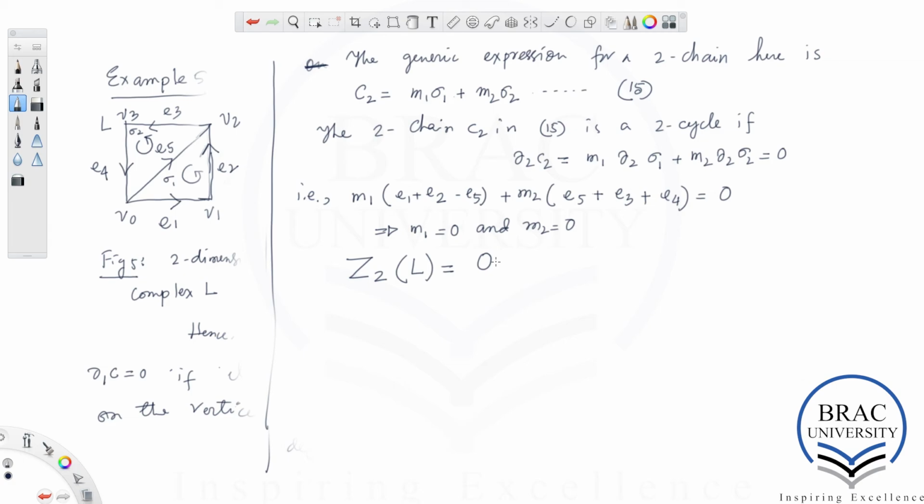So what does it mean? It means that therefore the second homology group of this simplicial complex L is also trivial. Okay.